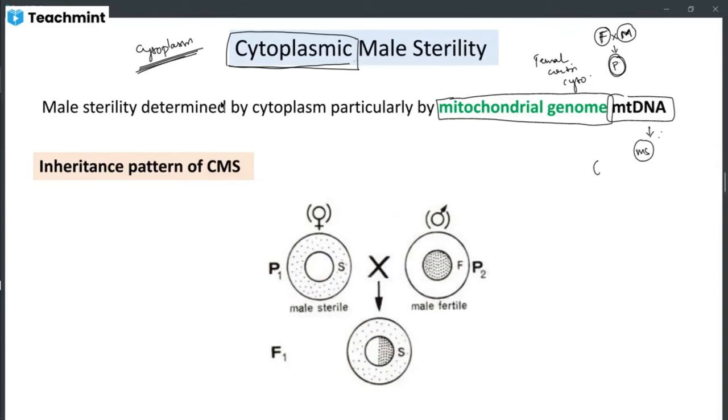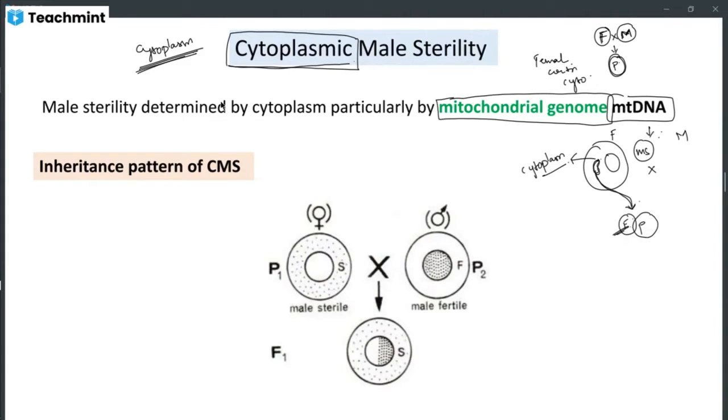As we know, mitochondria is always present in the cytoplasm, so mitochondria will be carried to the progeny when you cross a female with the male, and the progeny will also have the mitochondria from the female side. So this is the basis.